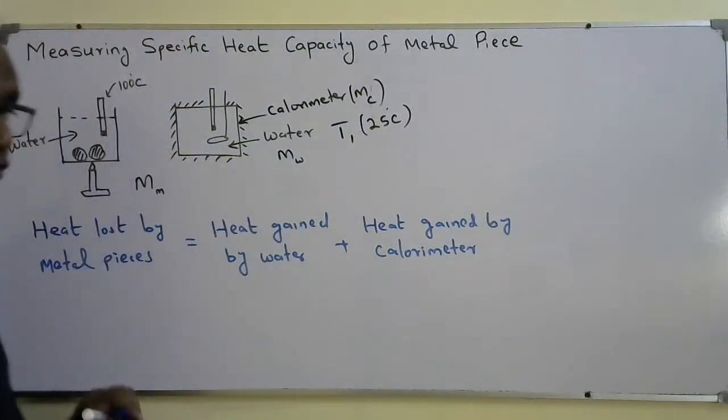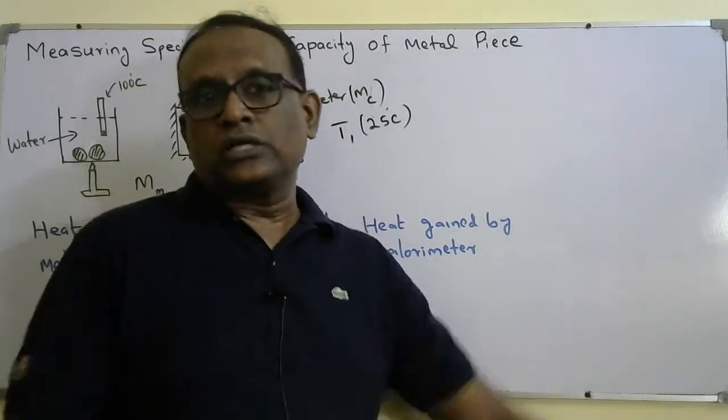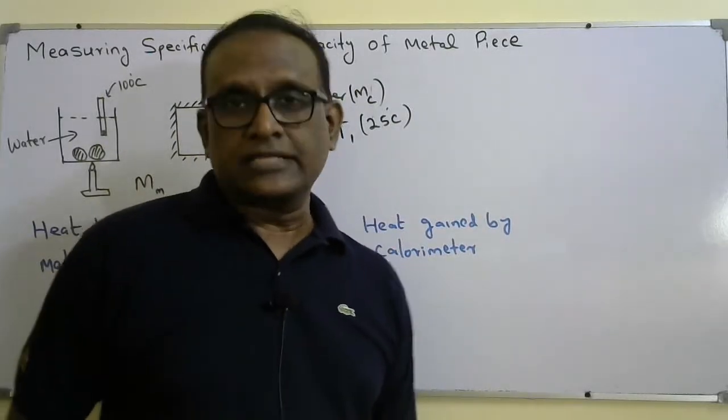This energy equation you must be able to write. You must be able to identify which component is losing heat and which components are gaining heat. Total heat loss equals total heat gain because there is no heat loss to the surroundings.